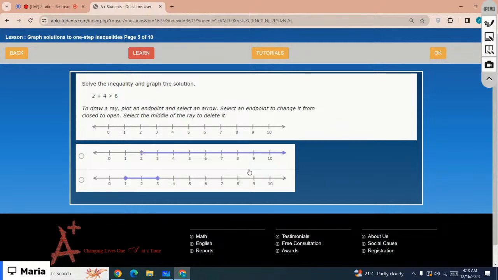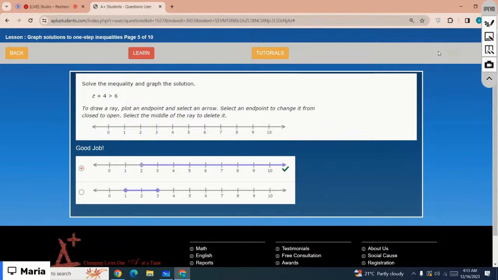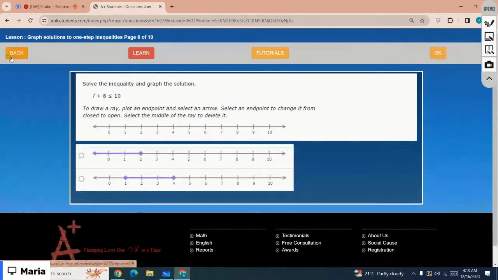Yes, option number 1 because 2 is not included. So all the values that are greater than 2 are the solution of the inequality, right? Okay, you can complete the lesson by yourself later today. Let me just move on to the next lesson.